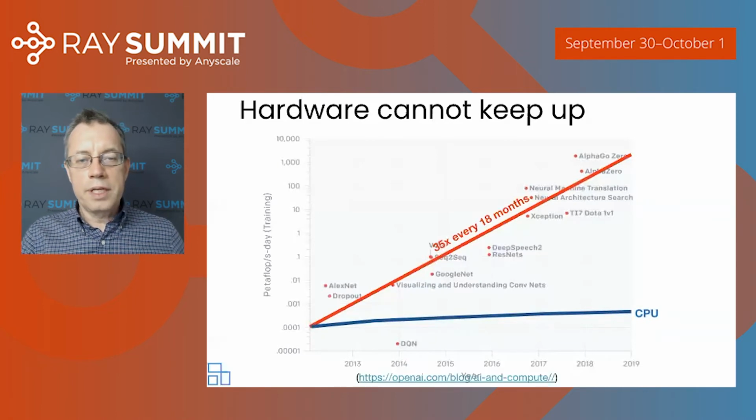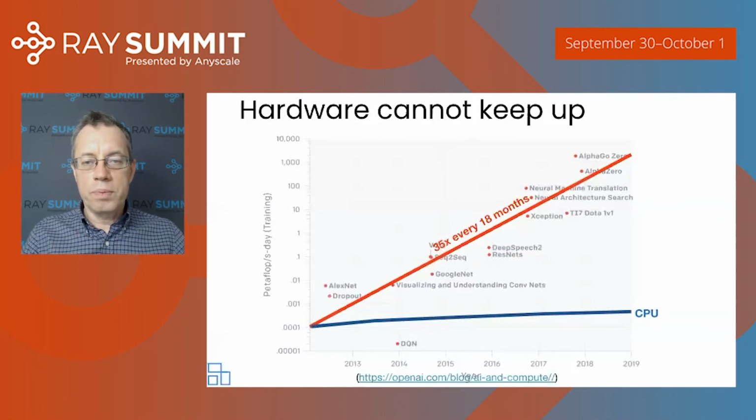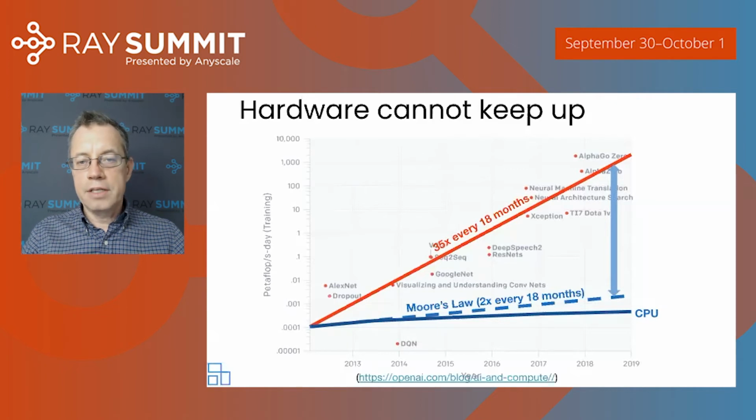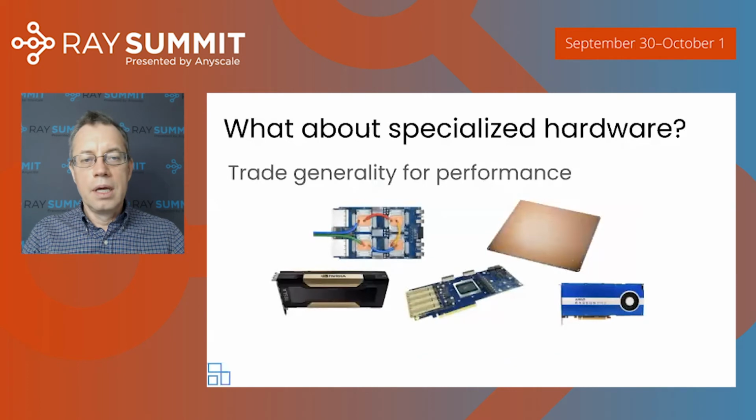To put things into perspective, here we show the performance increase of a single core overlaid over the OpenAI plot. As you can see, the performance gap is just huge. In fact, even if Moore's law hadn't ended, it would still fall way short of satisfying the demands of training these models.